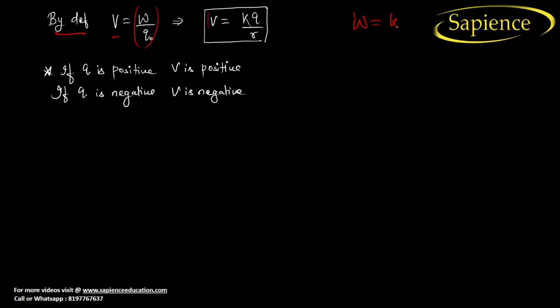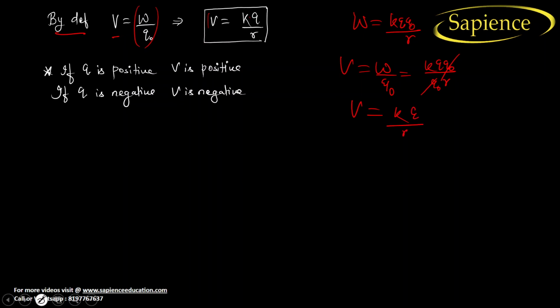Because W is equal to KQ into Q naught by R, so potential is equal to W by Q naught, which equals KQ into Q naught by Q naught into R. So Q naught gets cancelled out, and potential V is equal to KQ by R.